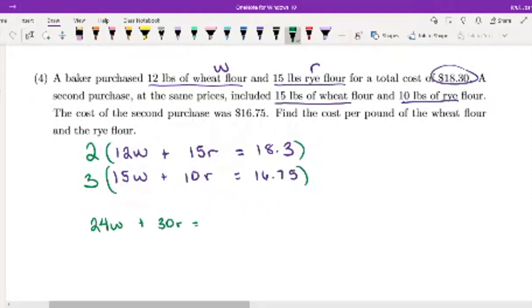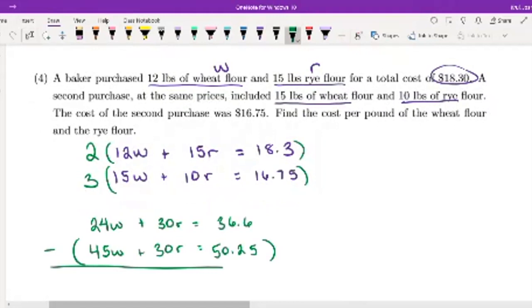We get 18.3 times 2, 36.6. And we have 45W, 30R, so 5 times 3, 50.25. So you'll notice here when we subtract the equations, we can actually cancel out the 30s.